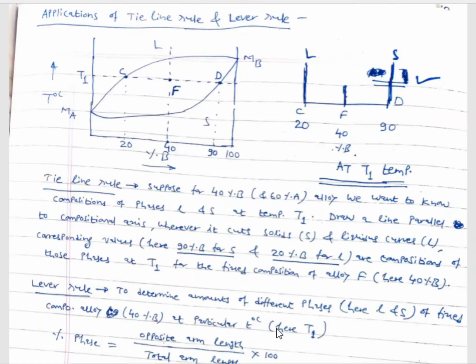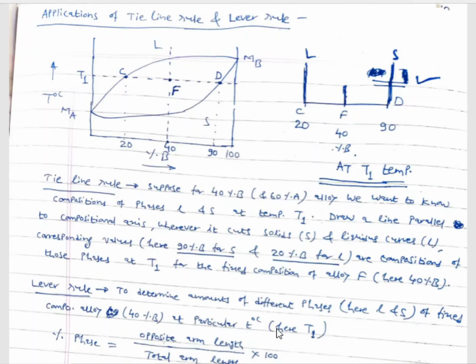point D, because the line drawn parallel to the compositional axis will cut the liquidus curve at point C and solidus curve at point D. So the corresponding values of the compositions are 20 and 90 respectively.